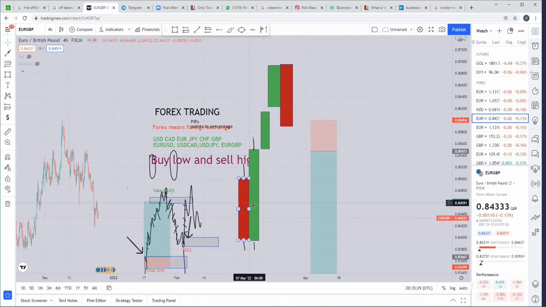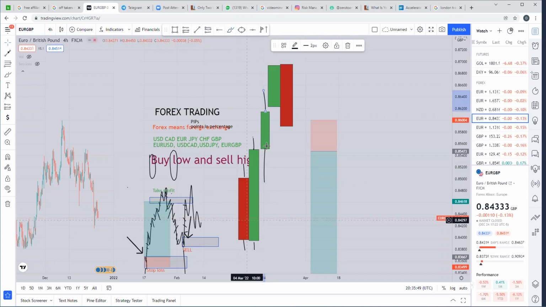You see that it was the bullish candle that engulfed this. Usually this is how it looks. It comes and tests here, and then before it goes up like this, it comes and tests there. So this is how the market looks overall.